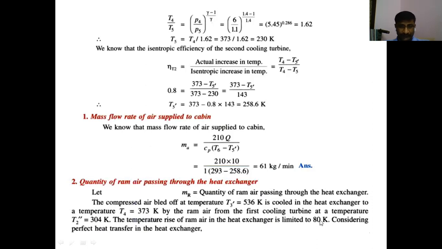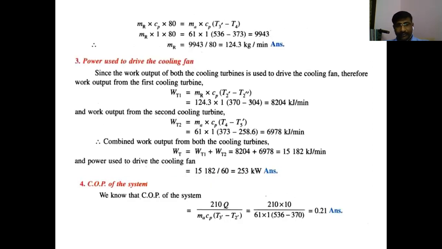So 384 is the final temperature of the ram air at the heat exchanger, before it is 304. So temperature rise 384 minus 304 is 80 kelvins itself. By applying this heat balance equation, MR into Cp into 80, that is 384 minus 304, equals MA into Cp into T3 dash minus T4. This is the temperature drop of the compressed air across the heat exchanger.